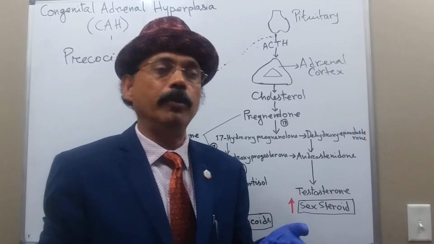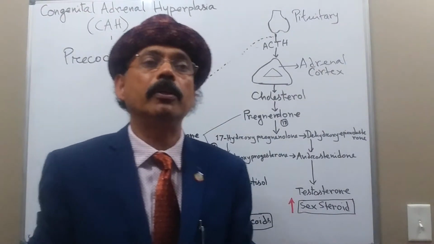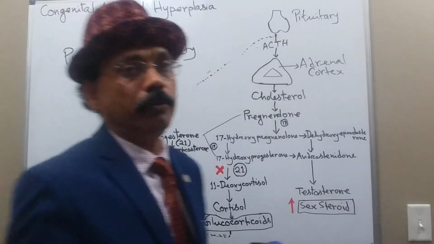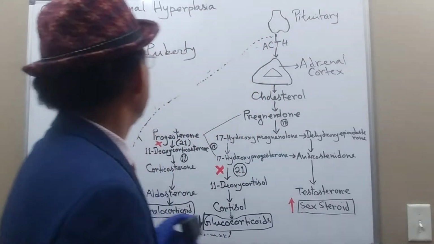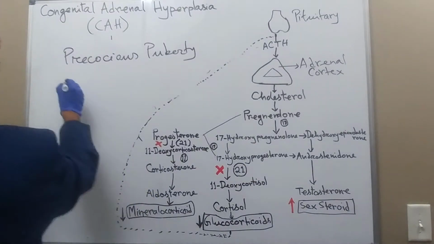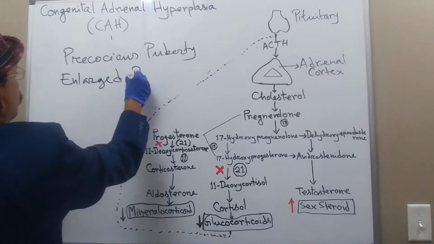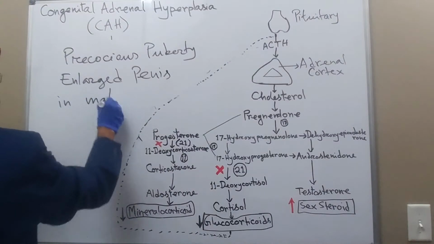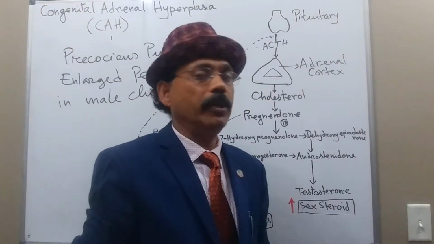In female there may also be some type of reproductive problem, but in male it is the precocious puberty. That is common, and there will be very quick bony ossification and growth, both in male and female. So we get precocious puberty and an enlarged penis in the male child.